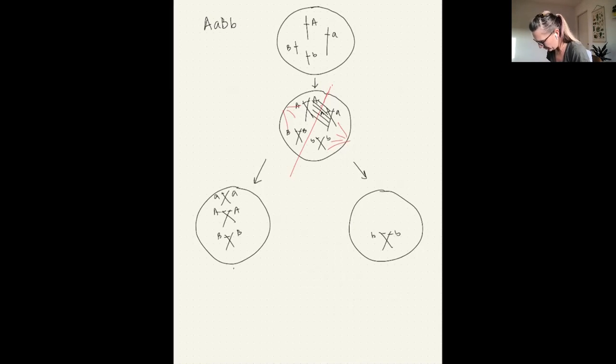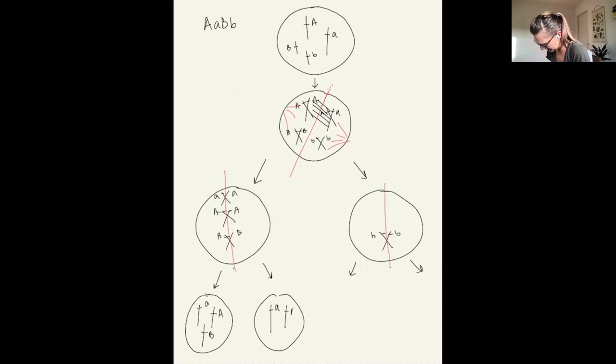So when you then went through anaphase 2, here's our metaphase plate, you would end up with a cell that has two A's and a B, another cell with two A's and a B, and two cells that have just a B, right?